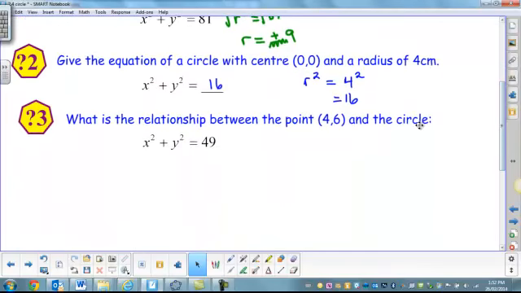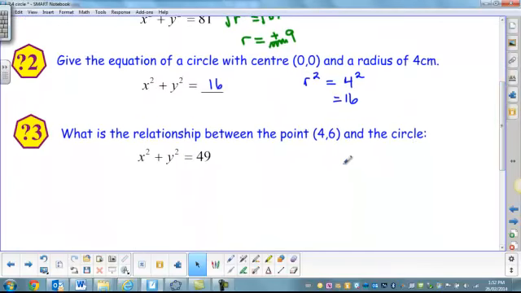Question 3. What is the relationship between the point 4, 6 and the circle x squared plus y squared equals 49? We need to ask ourselves, is this point inside the circle, on the circle, or outside the circle?